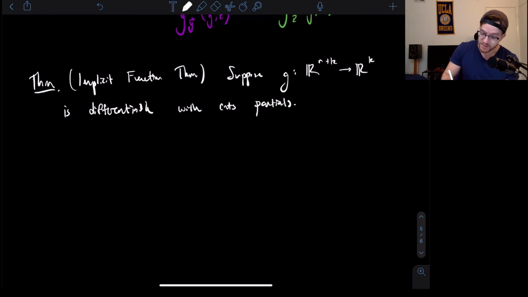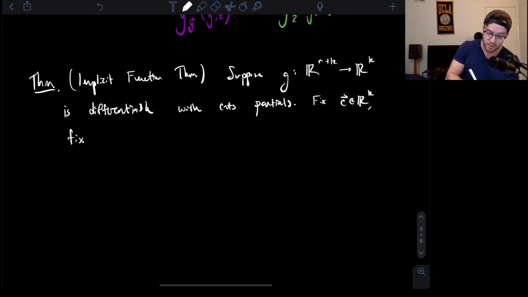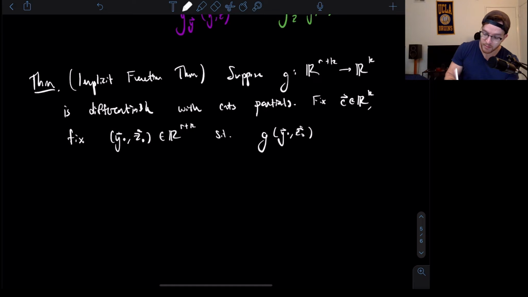Okay, so fix a vector c in the output. This is our vector of constants. And fix a point (y naught, z naught) in R^(r+k) such that g of that point equals c.